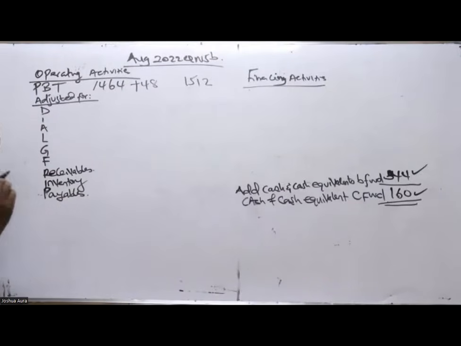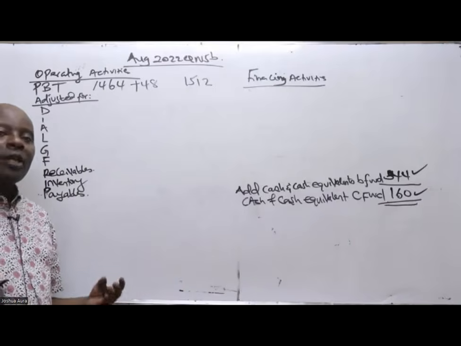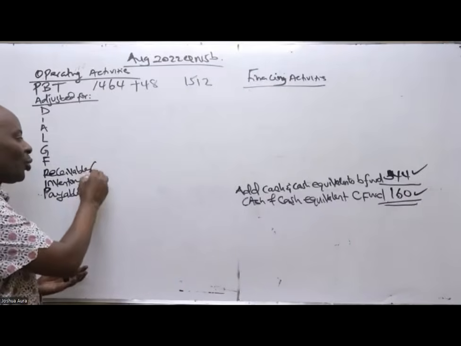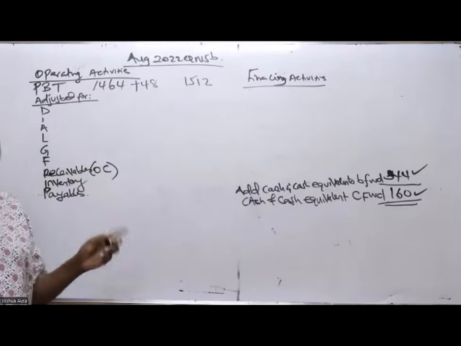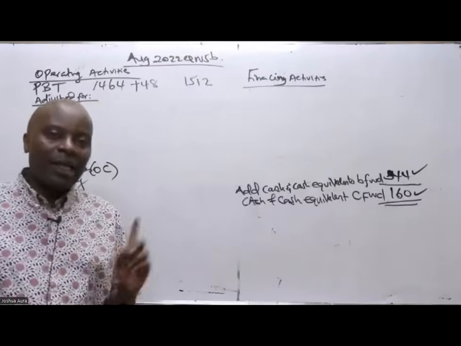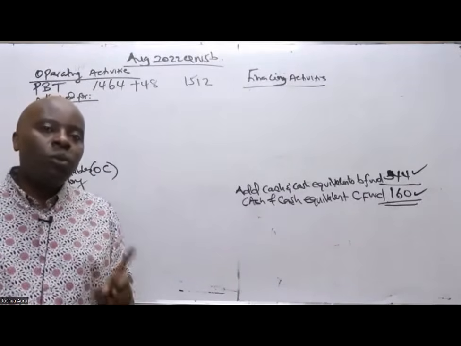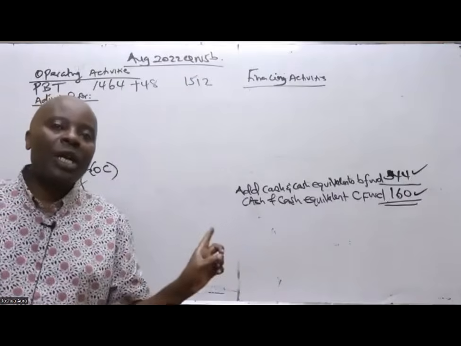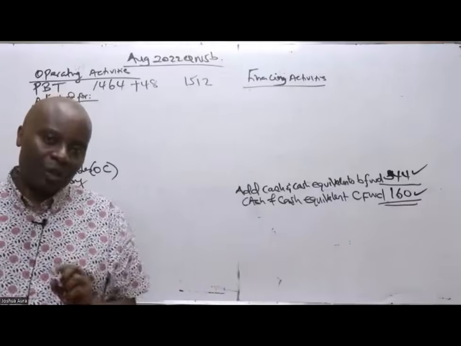Remember, as we discussed yesterday, our role here basically will be to look at opening minus closing. Just that. And if there was any subsidiary in the year that was disposed of, then we must also subtract the corresponding figure of the disposed subsidiary.